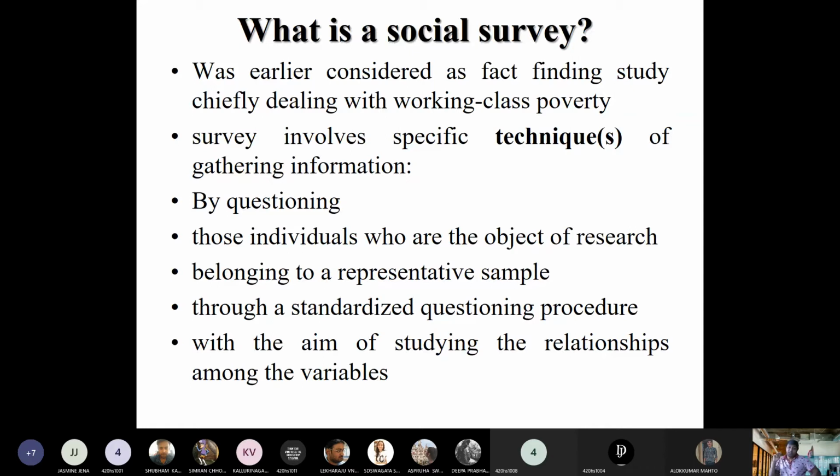Suppose, as I was telling you, NREGA and its impact on rural people: how NREGA has influenced the economic condition of the people. I want to establish a relationship between the economic condition and NREGA. NREGA is the independent variable and poverty is the dependent variable. So what exactly is the link between NREGA and economic livelihoods?